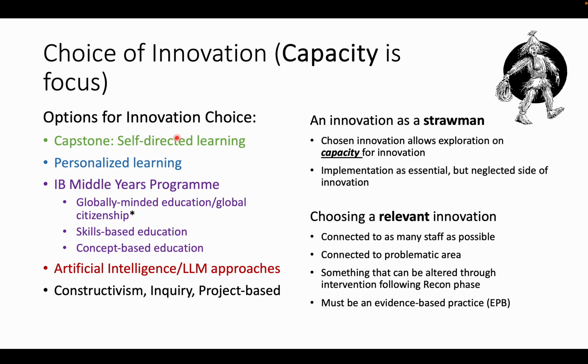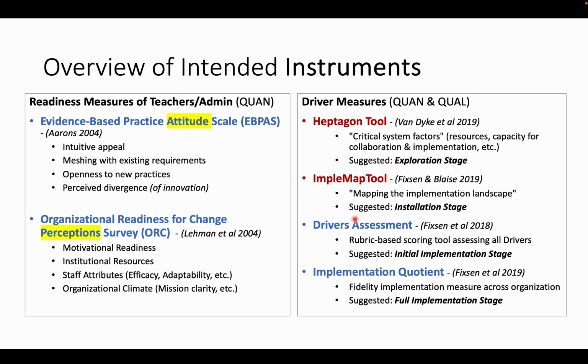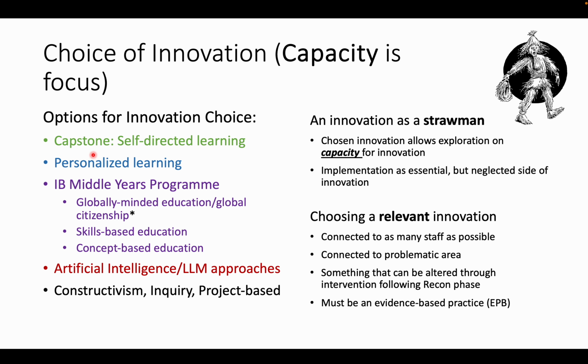However, considering the tools that we've seen, these are going to be taking in feedback from many people in the organization and broader aspects of the organization. The concern is with capstone, there may not be enough people to get information on. So I'm brainstorming some other possible innovations.